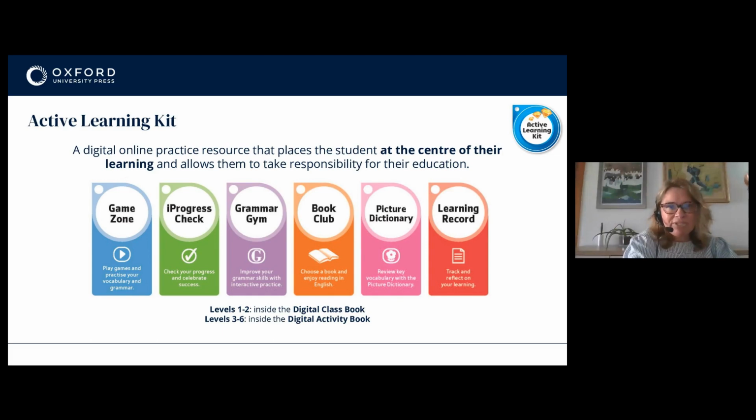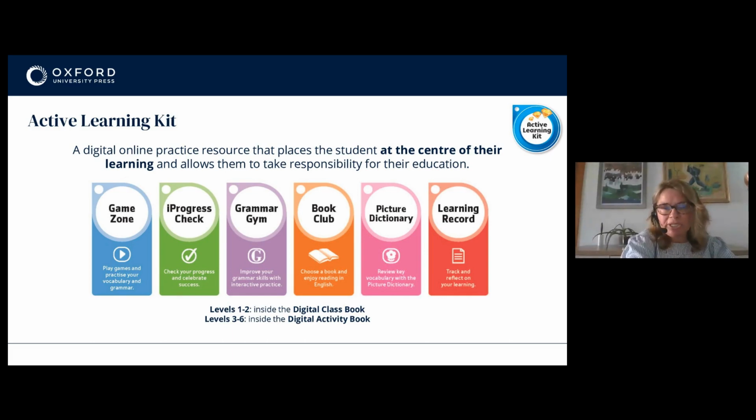So there is a game zone, the iProgress check, which is a way of checking the 4 skills. So it's reading, writing, speaking, and listening. There's a grammar gym. All of these resources are fully aligned to World Class. So in terms of the grammar, in terms of the level, it's the same. The language is the same as the language used in your course book.